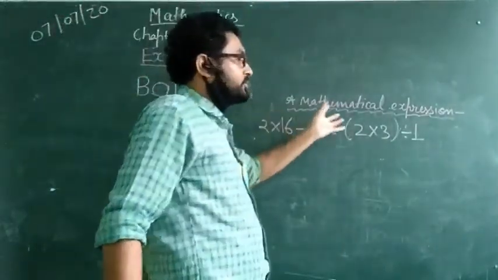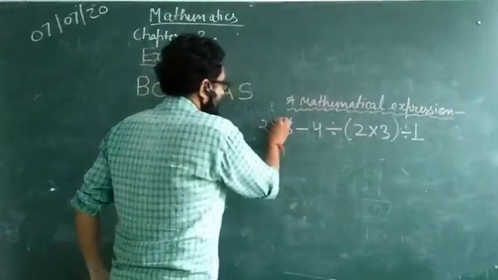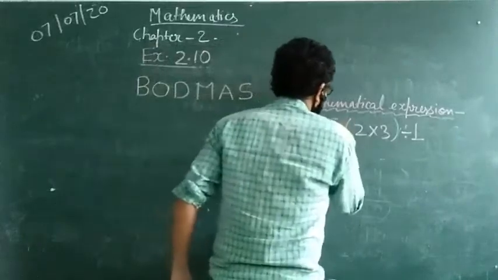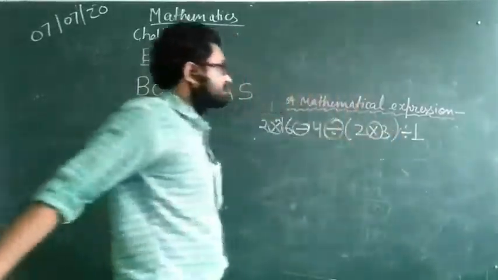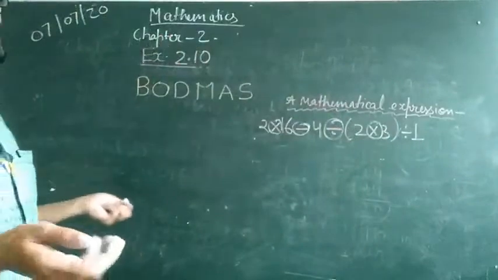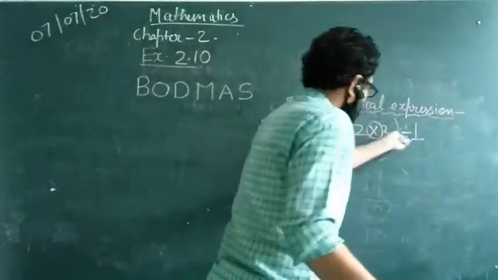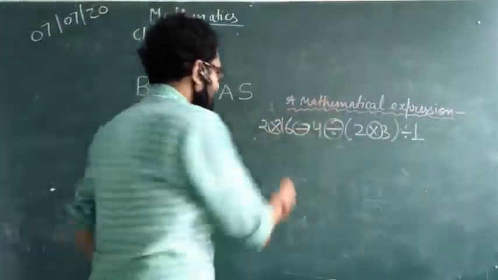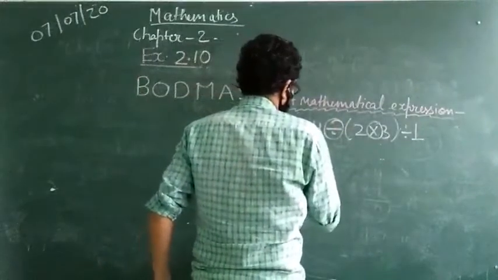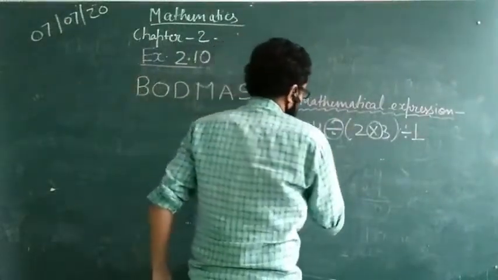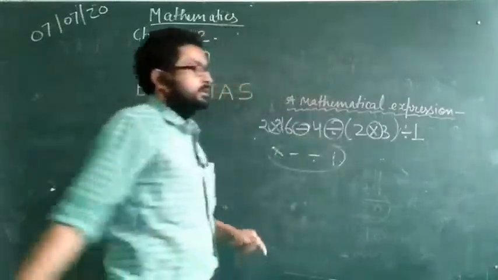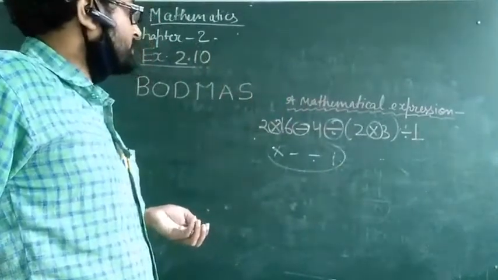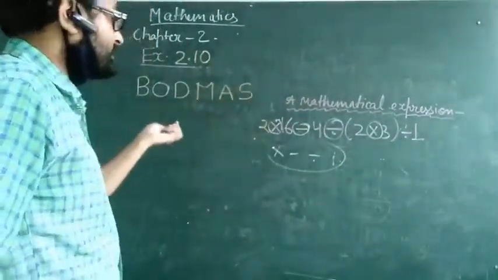When we use more than one or two operation signs, such as multiply, divide, minus, subtract, and so many operation signs are given, it is a mathematical expression.